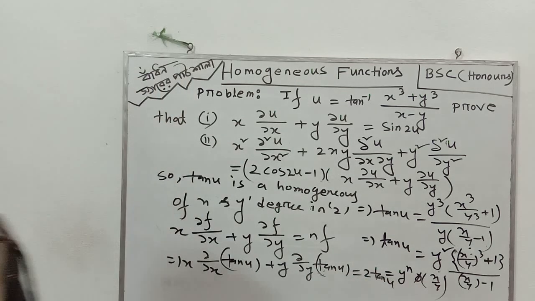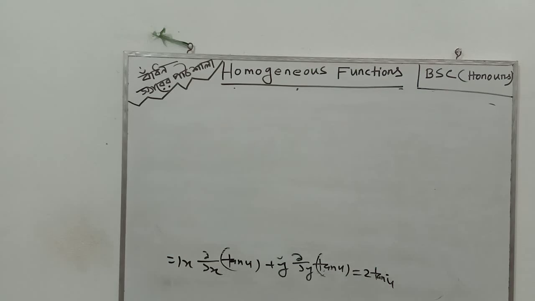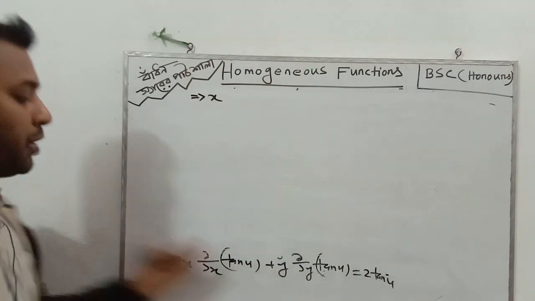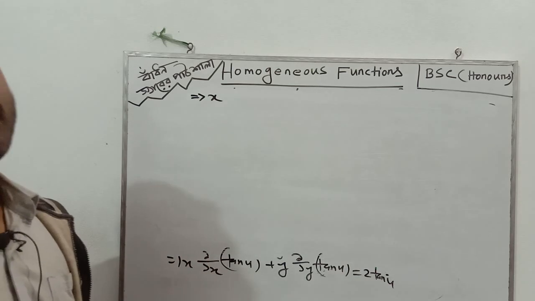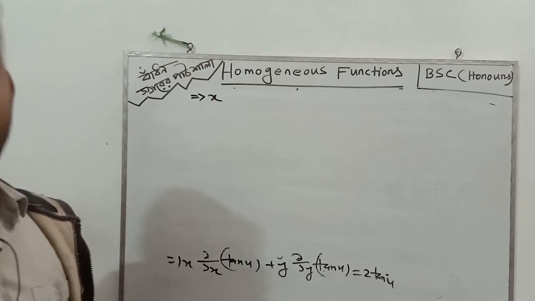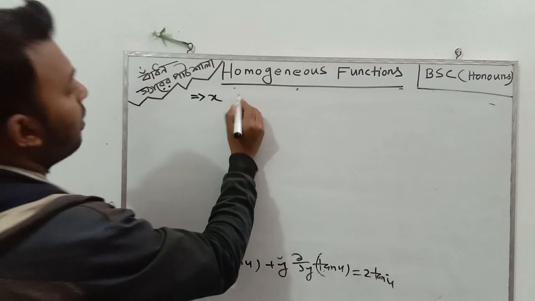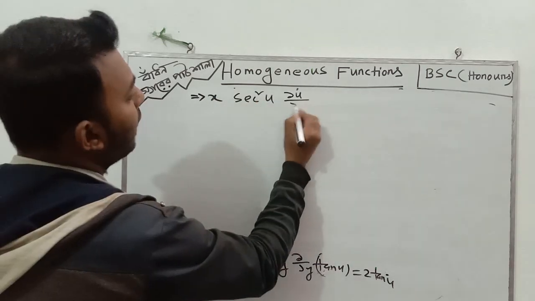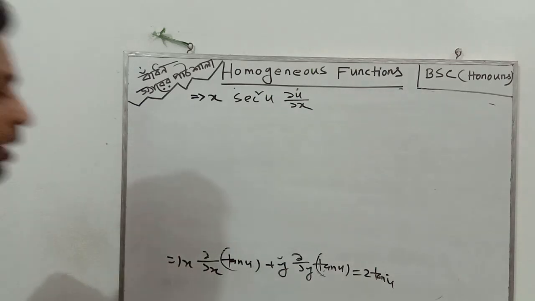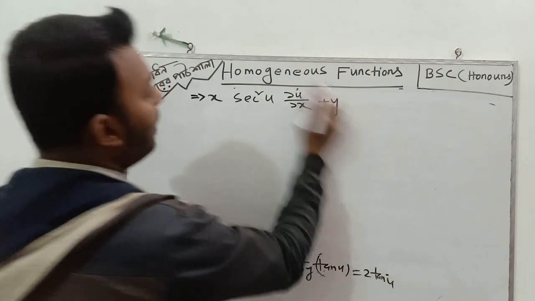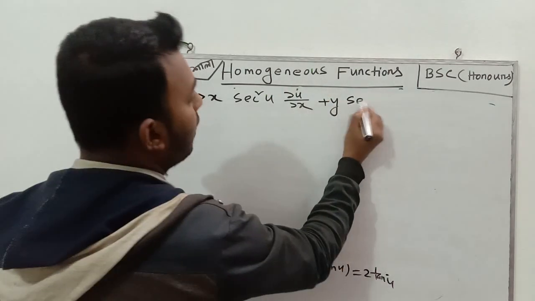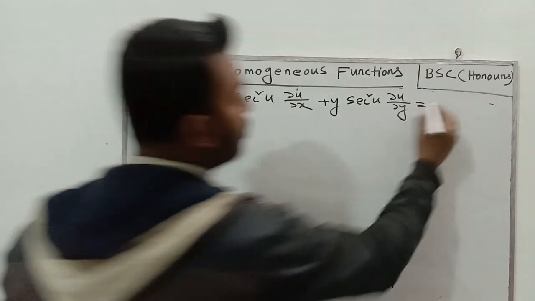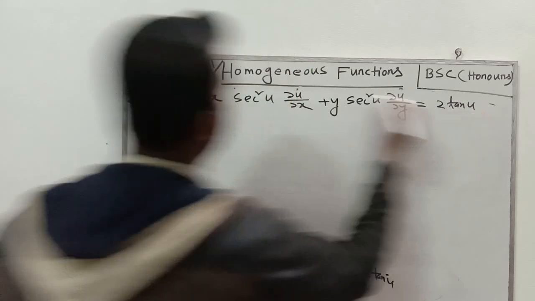Differentiating, the derivative of tan is sec square, so sec square u del u del x plus y sec square u del u del y is equal to 2 tan of u.